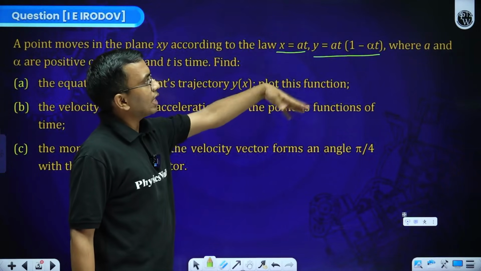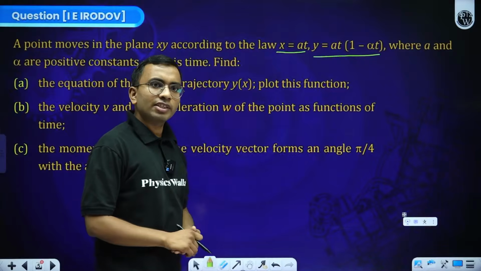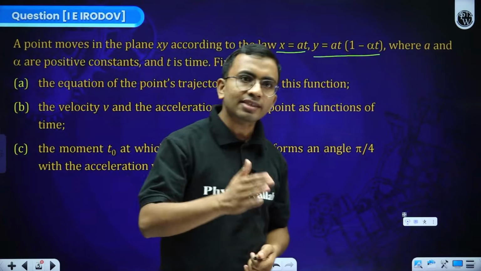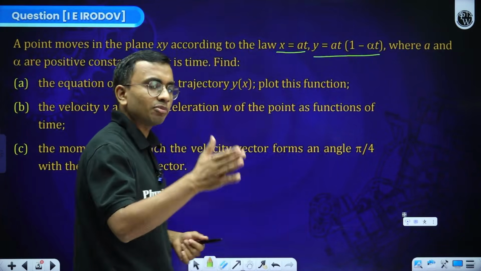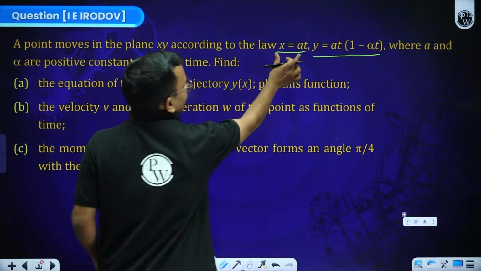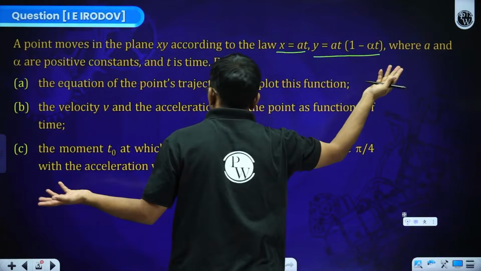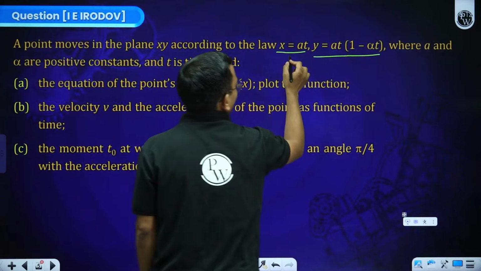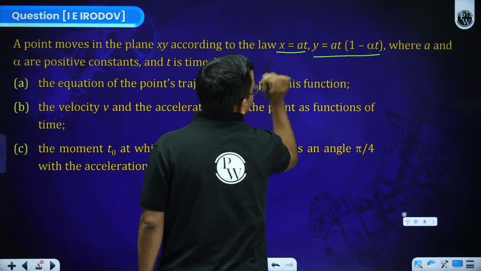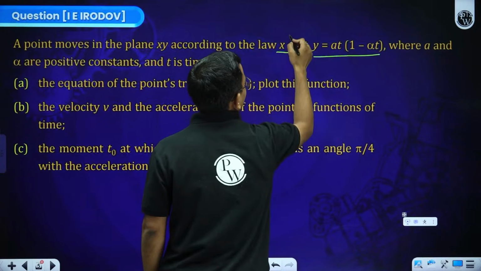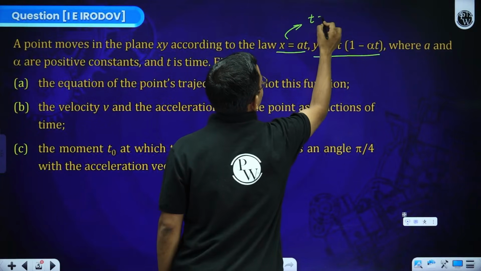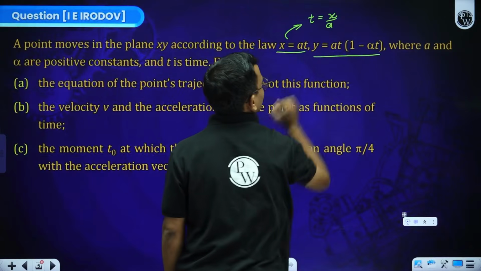First of all, we need the equation of trajectory. Equation of trajectory means you need the relation between x and y. Okay, x is varying like this, y is varying like this. What is common? Time. Time you can replace, you can get the x and y relation. From this equation, if I write time, what is that? x by a.